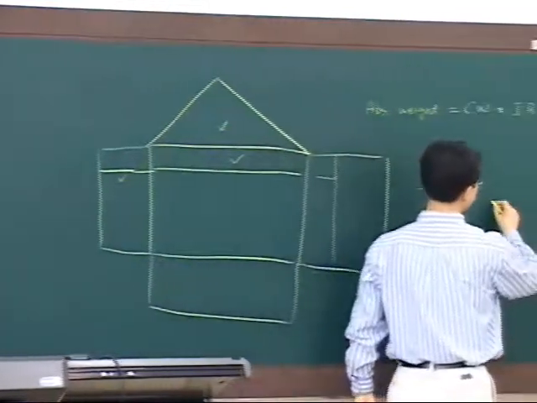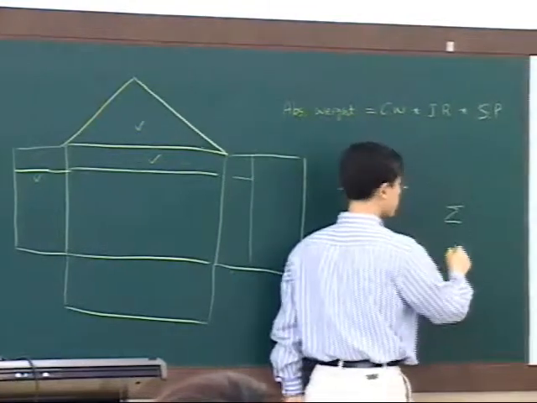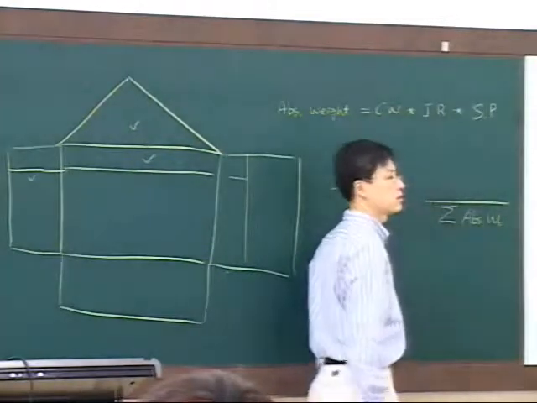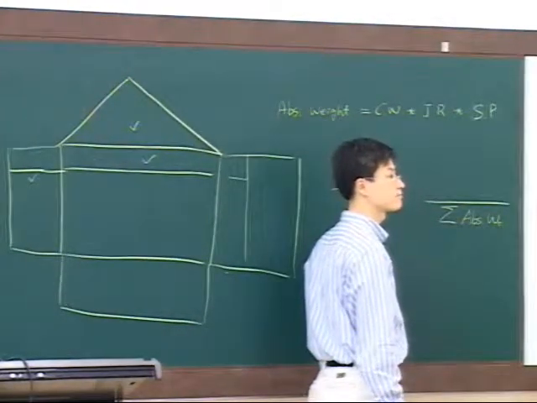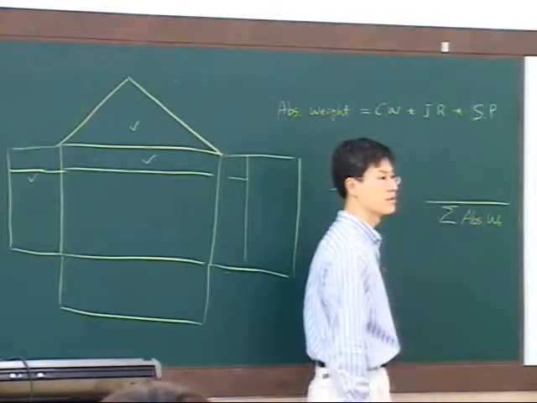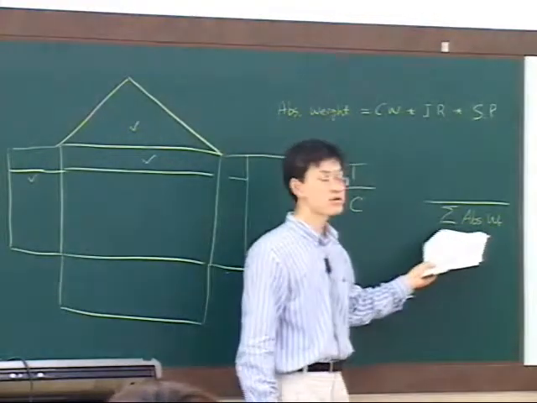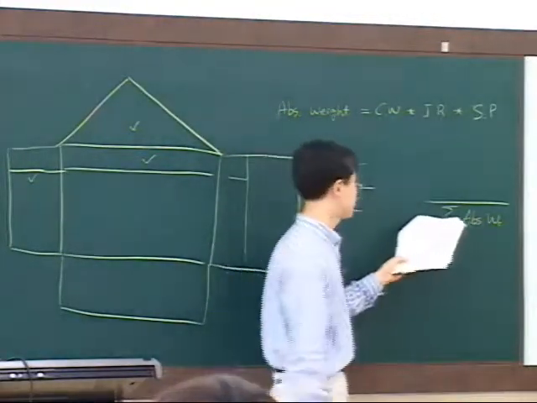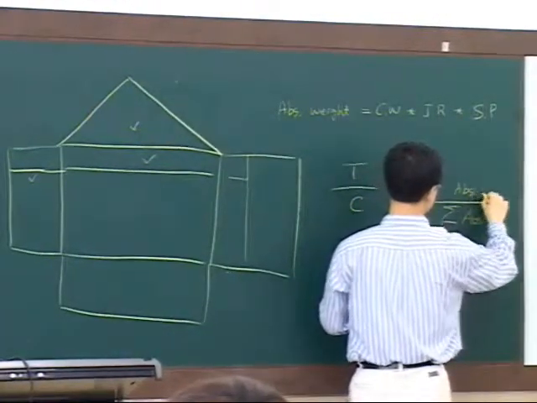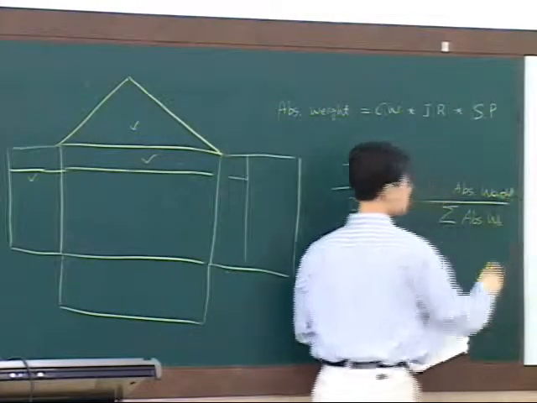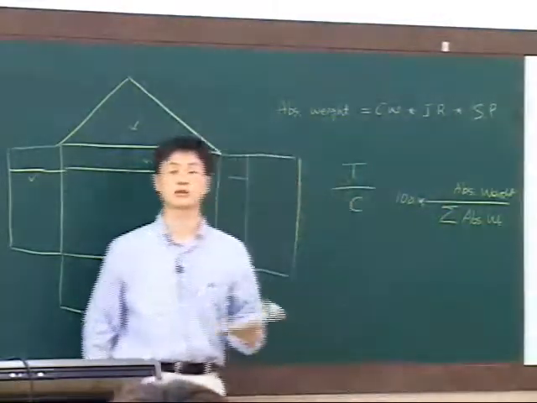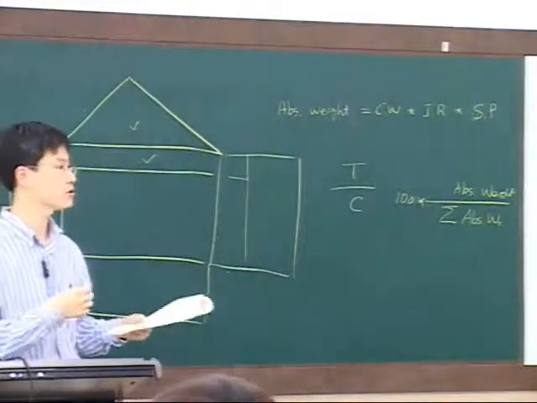So relative weight is the current absolute weight divided by the summation of all the absolute weights. Because we are dealing with a percent value, you can easily multiply by 100 to get the relative weight of each of the customer requirements.